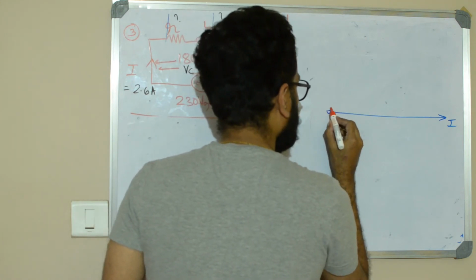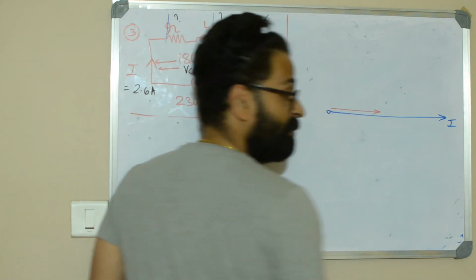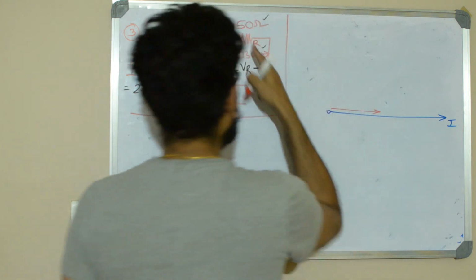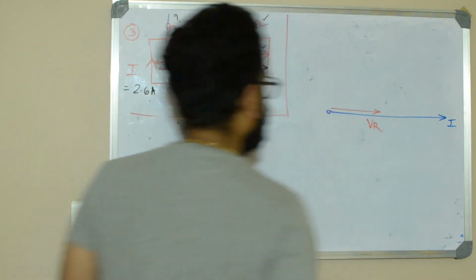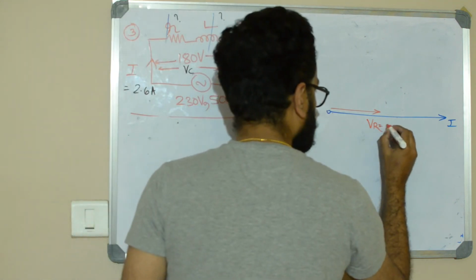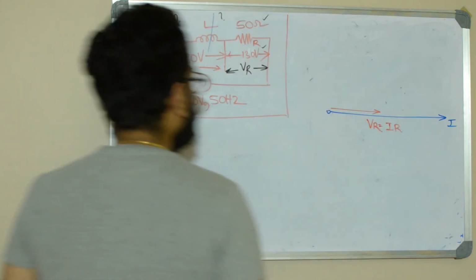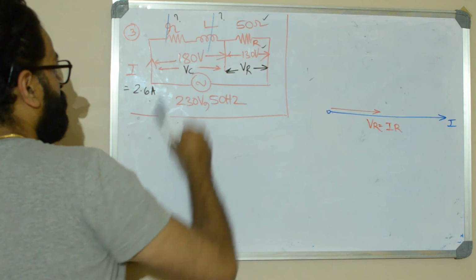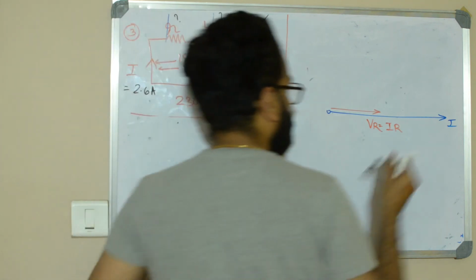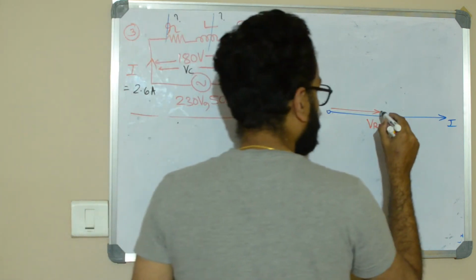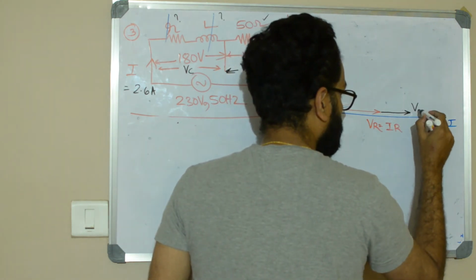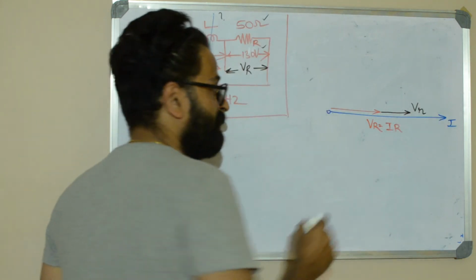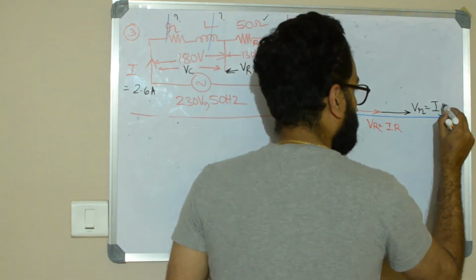Firstly we have voltage drop across the pure resistive element, we can take it as VR, which is I into R, followed by the drop across the small r, which we shall take as V suffix small r, which is I into small r.